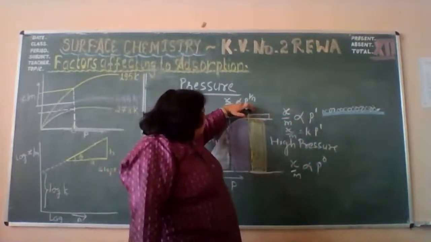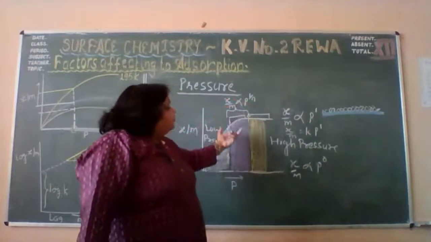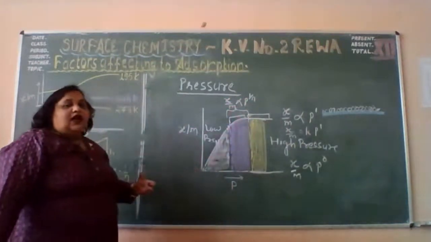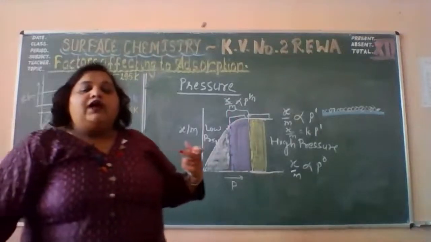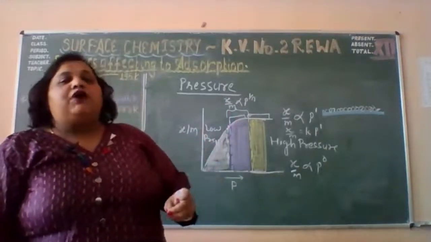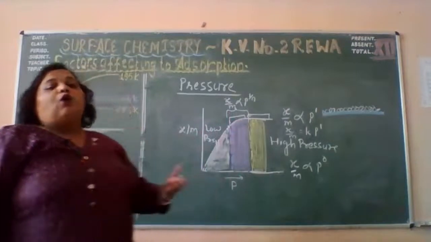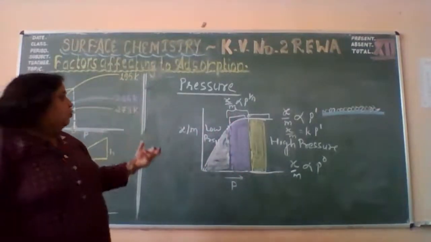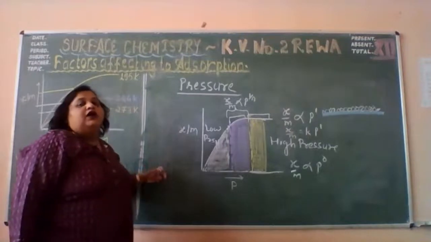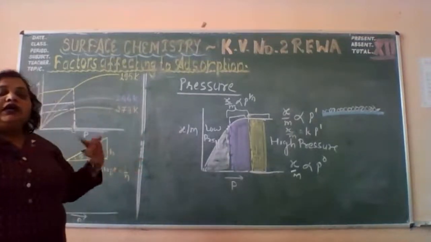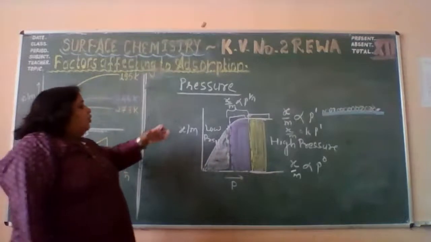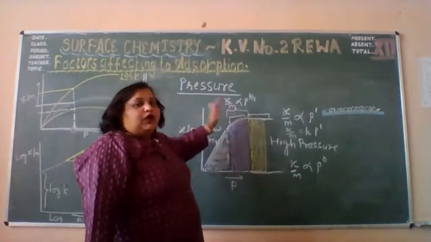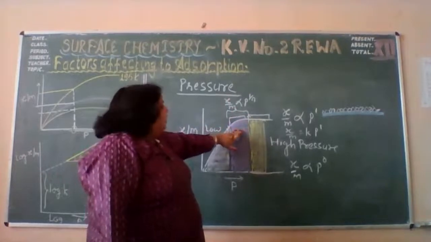This is the general expression that we use for this, and the value of N only varies. And the value of N is a specific value for any set of the adsorbent and the adsorbate. It depends only upon the nature of the adsorbate and the adsorbent. Right? So this is the quantity that it depends upon. I am just going to come to this conclusion.